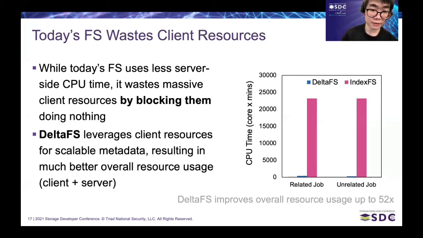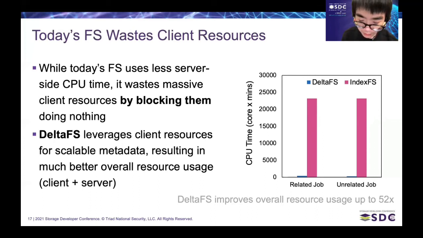So imagine we have a bunch of clients sending metadata operations to a single dedicated metadata server, and that server is busy, cannot keep up with all those clients. Then those clients will be blocking on that specific metadata operation, and they cannot do anything, and their compute resources are kind of wasted.